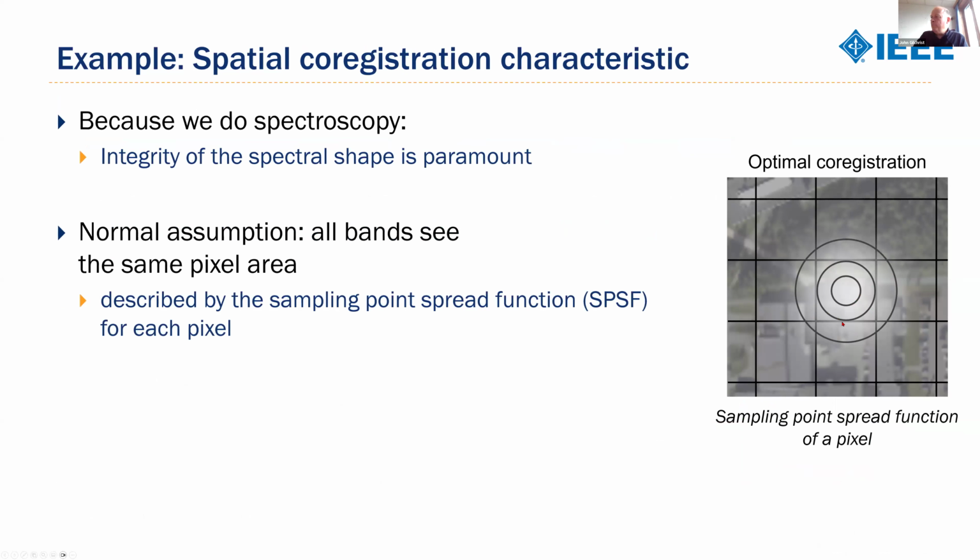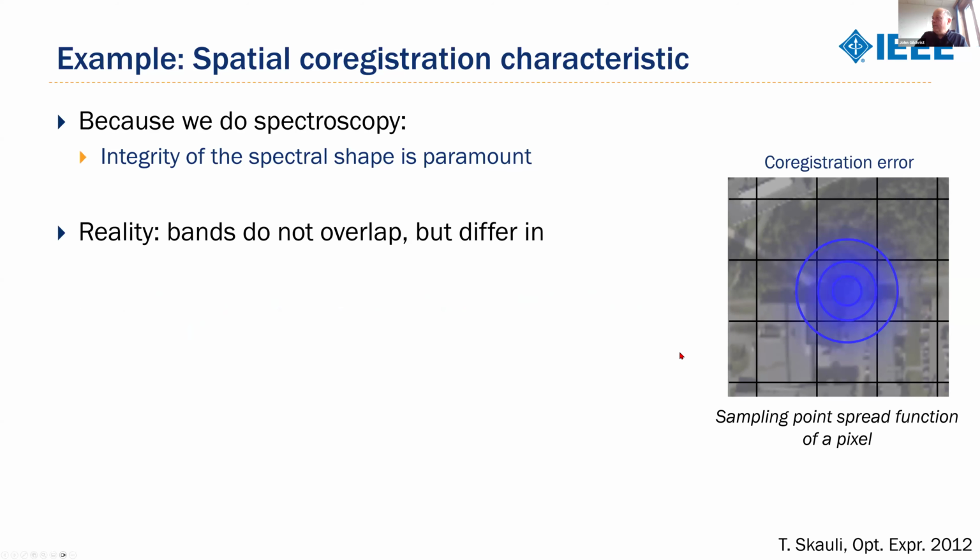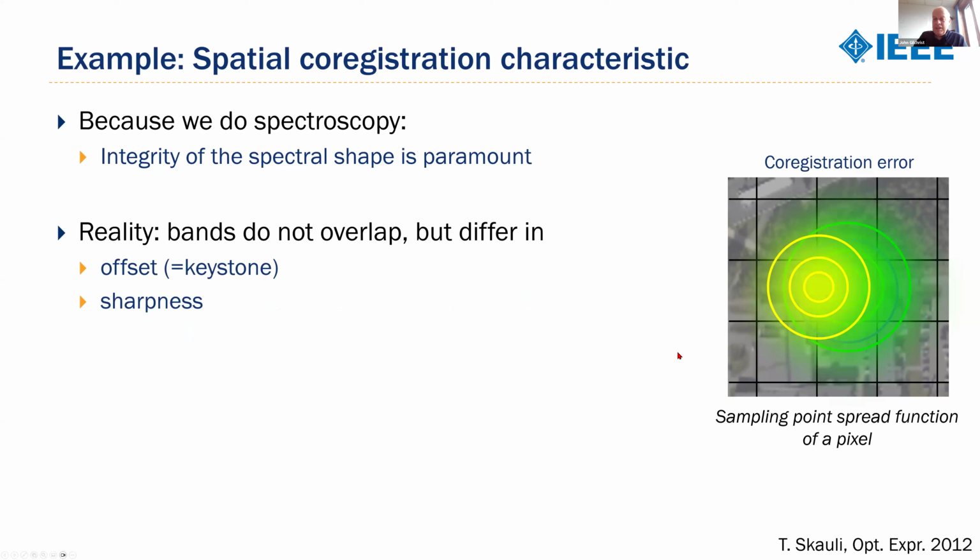We normally think that all bands in a given pixel have the same footprint in the scene, illustrated by this contour map here. And for one band, such as the blue band here, that may be true, but maybe due to aberrations, another band is a little bit offset, or it's a little bit defocused, or has a different shape of its point spread function.